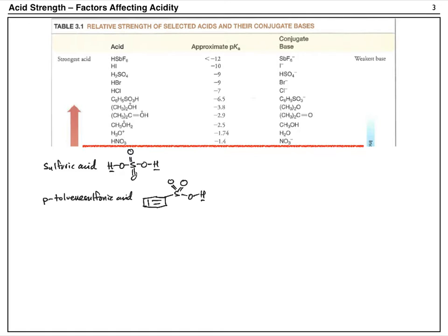Again, the first pKa we see here is -9 for sulfuric acid, and the pKa for paratoluene sulfonic acid is -6.5.